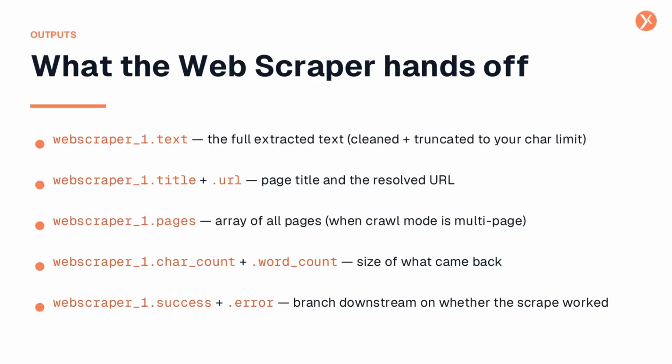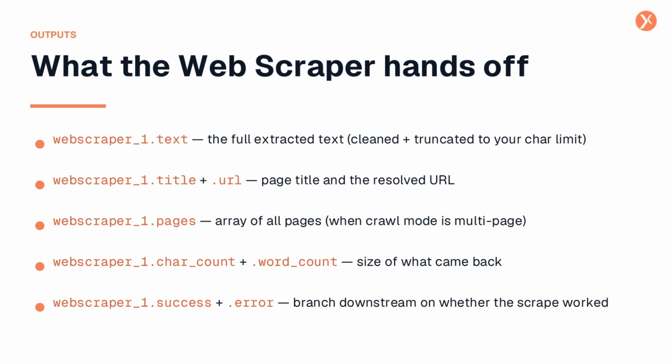Upon completion, the web scraper provides several valuable outputs for your downstream nodes. web_scraper.text delivers the full extracted text, cleaned and truncated to your specified character limit, ready for an LLM integration or a search knowledge base add document node. web_scraper.title and .url provide the page title and the resolved URL after any redirects.